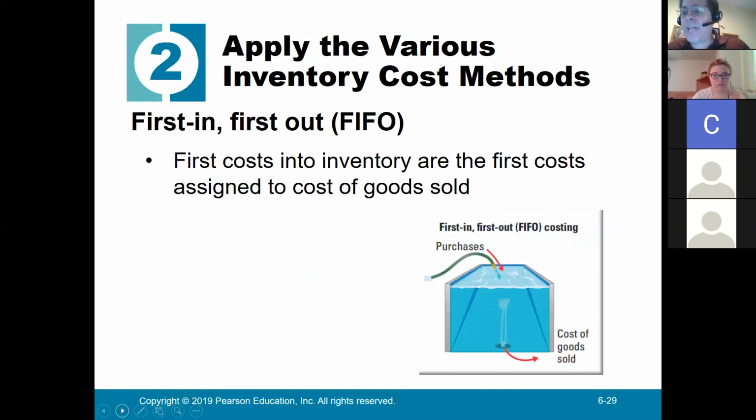First in, first out, the next assumption. We cannot tell which of the items are actually sold, so we're going to assume we're selling the first ones in, the oldest ones. We're going to refer to this as FIFO.